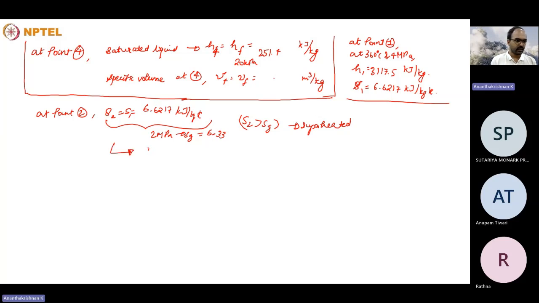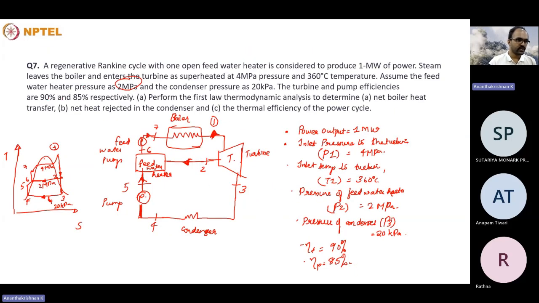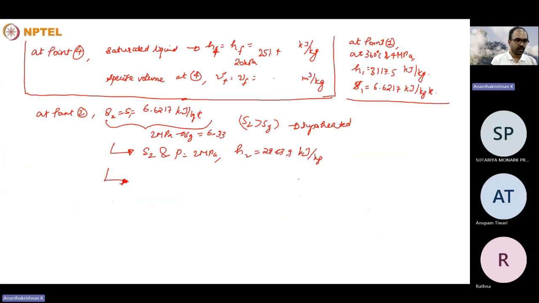Corresponding to this S2 and the pressure of 2 megapascal, we get H2 is equal to 2943.9 kilojoule per kg. But we have considered an isentropic process, and there is an isentropic efficiency that is given in this problem, that is 90% for the turbine. So efficiency of the turbine will be equal to 90%.